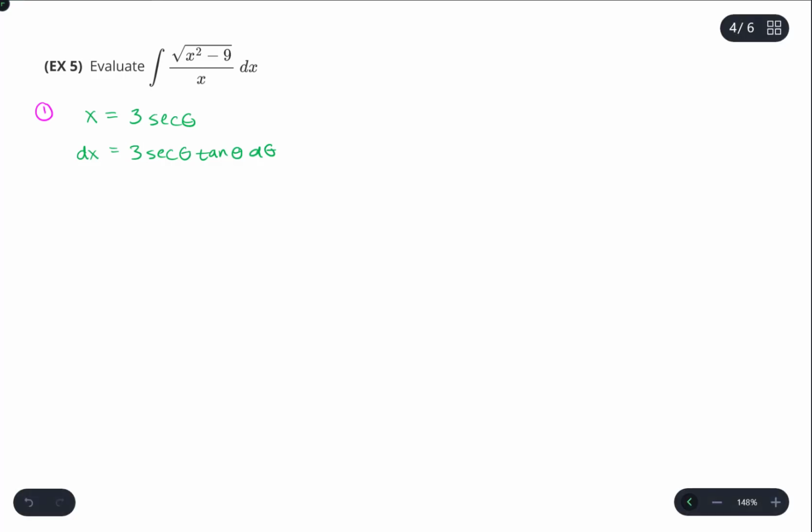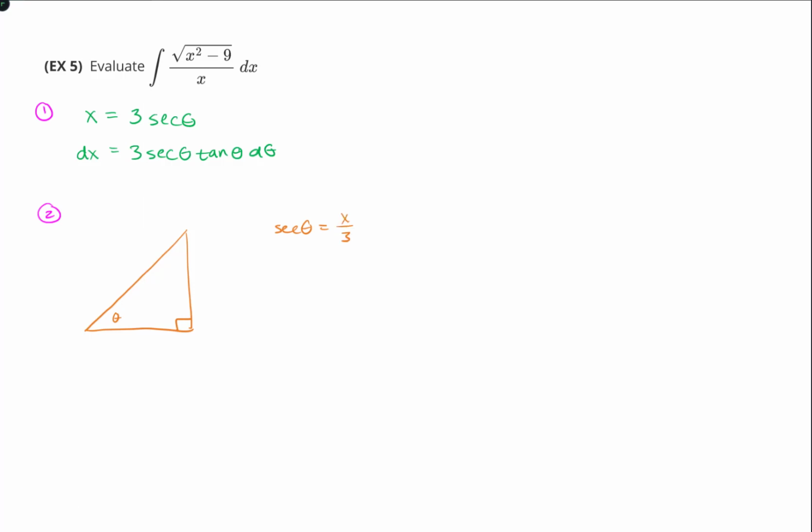Okay, now we need to make our substitutions into the integral. And that's involving setting up this right triangle. So if this is theta, I know that secant of theta is x over 3. Secant is the inverse of cosine, which is the adjacent over the hypotenuse, so that's going to be the hypotenuse over the adjacent side.